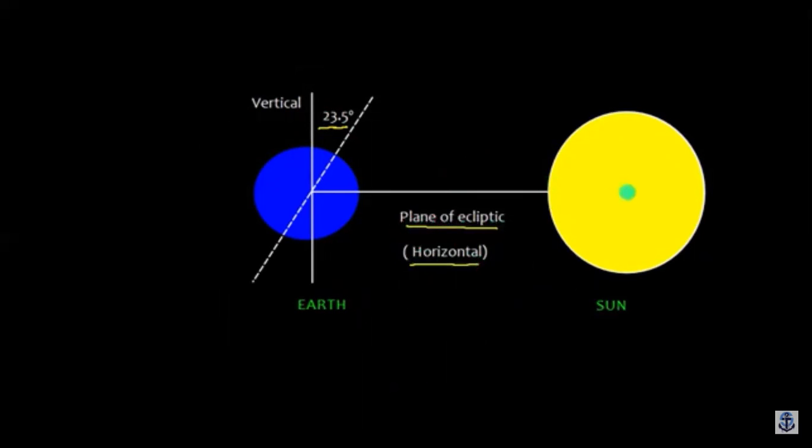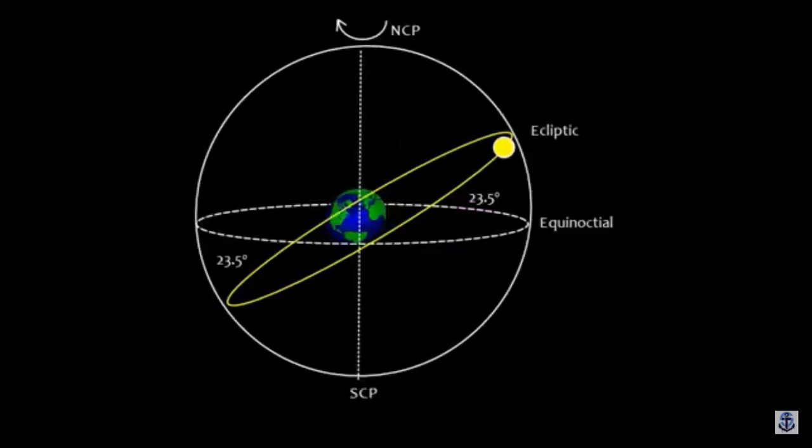If you join the center of the sun and the center of the earth, in the same plane, that is the plane of the ecliptic, and all the planets except Pluto lie in the same plane of the ecliptic. That is our horizontal, and 90 degrees to the horizontal is the vertical. So the plane of the ecliptic and earth's axis have an approximate angle of 66.5 degrees.